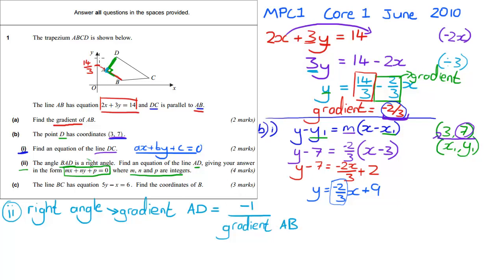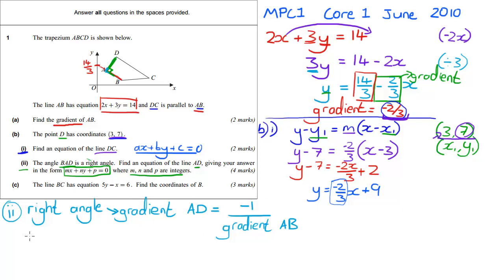You can try and find out why that works by reading through a textbook, but if you're just doing exam preparation, then the gradient of AB, put it under there. So what that means is we've got a minus 2 over 3 as our gradient for AB.